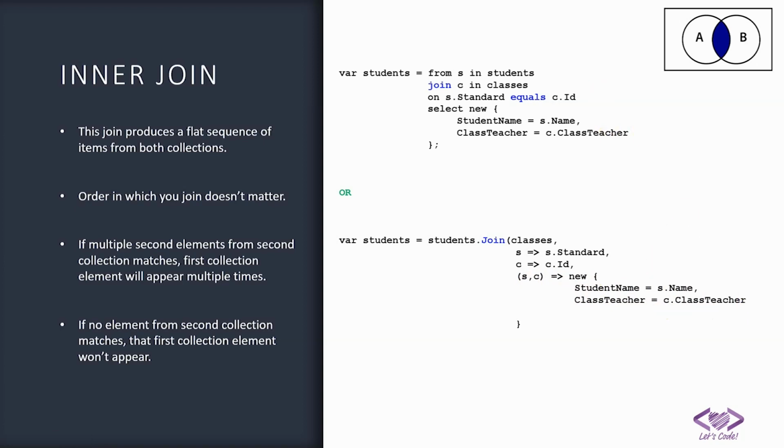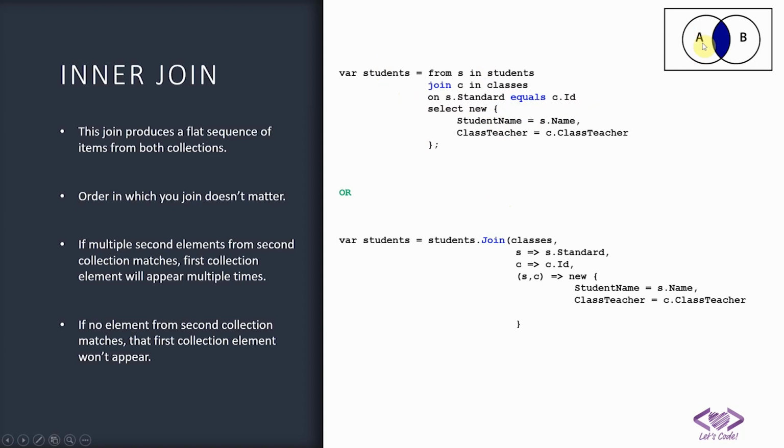But one thing you need to keep in mind when you are using this type of inner join is, now we are defining that my first collection's standard property equals the second collection's id property. So only when these two property values match, only those records will be brought in by this joining query.